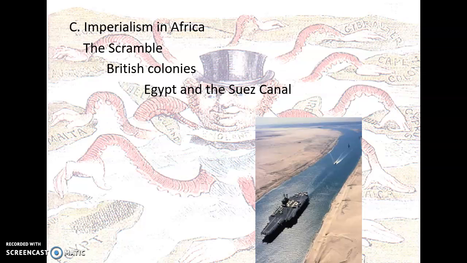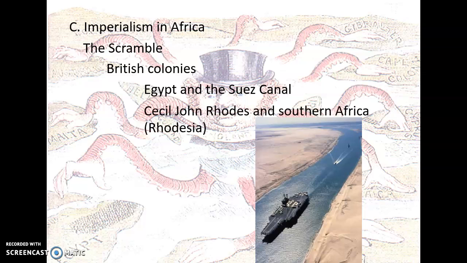Let's move on. Another individual was a guy by the name of Cecil Rhodes. Cecil John Rhodes and Southern Africa. Rhodes, a nickname that you need to associate with Cecil Rhodes, is the Empire Builder. He was known as the Empire Builder. He favored British imperialism and hoped to unite Cairo to Cape Town with British colonies.